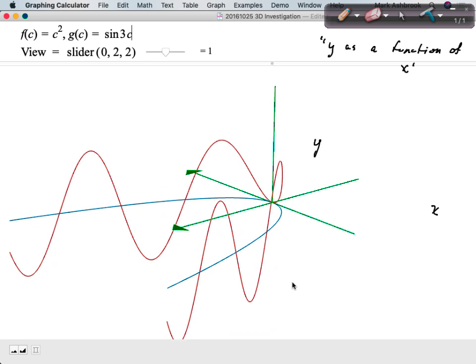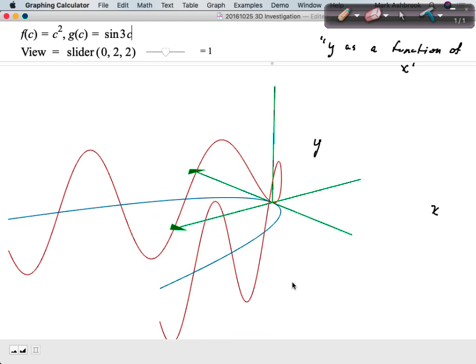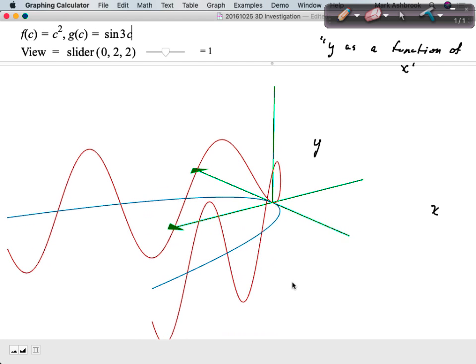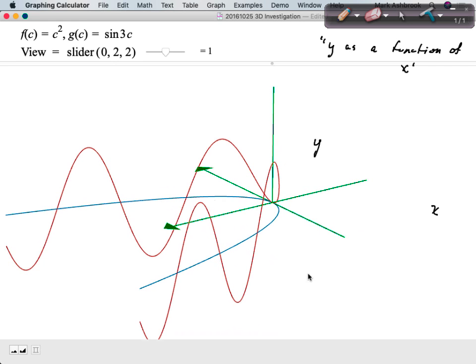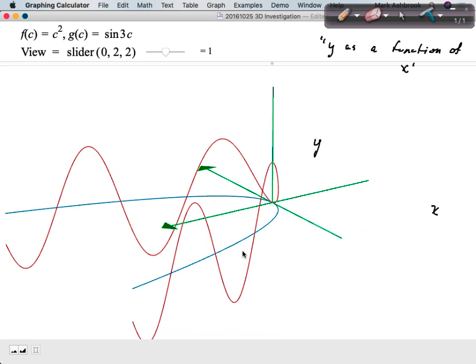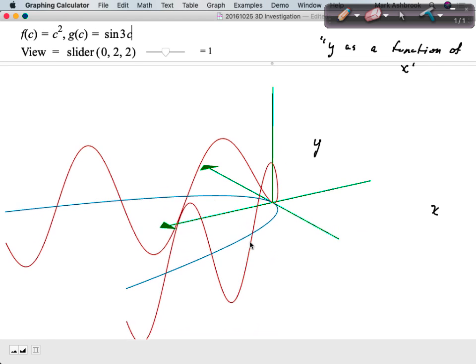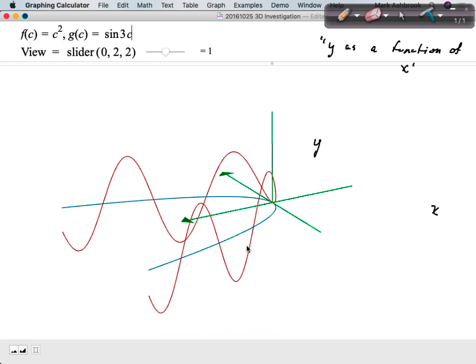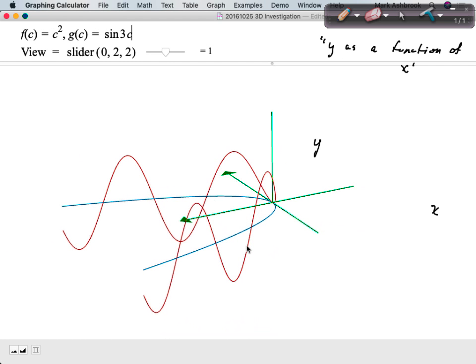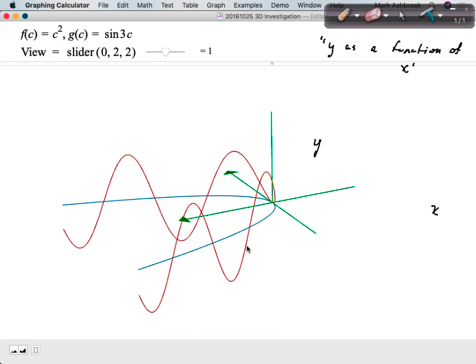All right, so I want you to think about, does this graph show up as red? Yeah. Let me make it a little smaller, that's a little too big. There we go. Okay, so the question is, what does this graph represent?